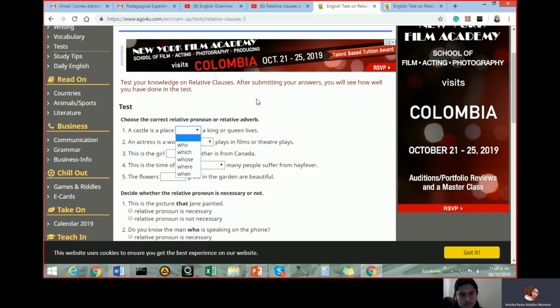Okay, teacher. Where, teacher. Where is referring to a place. A castle is a place. Yes, very good. With the second: an actress is a woman who plays in films or theater plays.